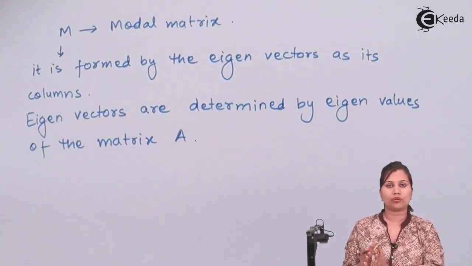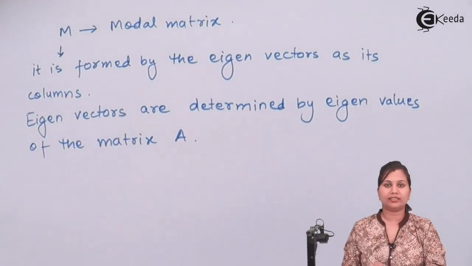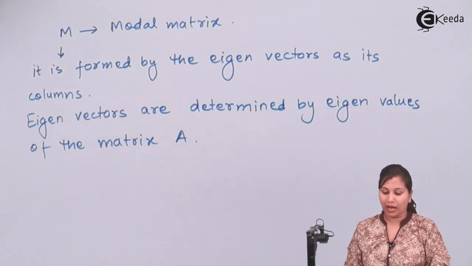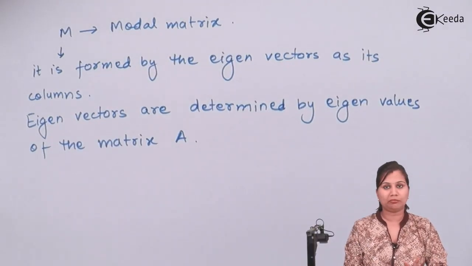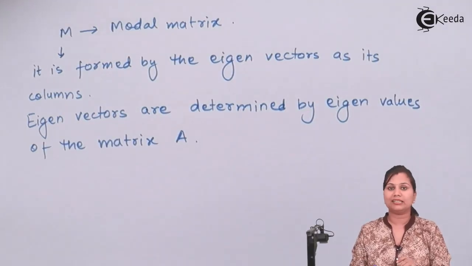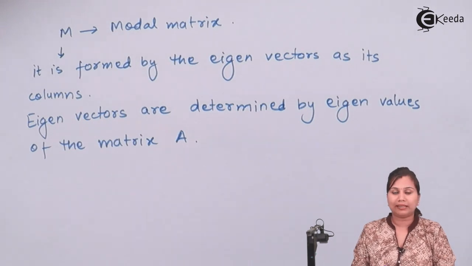The eigenvectors are determined by the eigenvalues of matrix A. So to determine this modal matrix, we have to determine the eigenvalues and then the eigenvectors. So how are these eigenvalues determined?